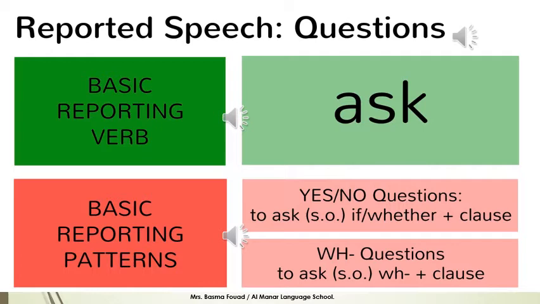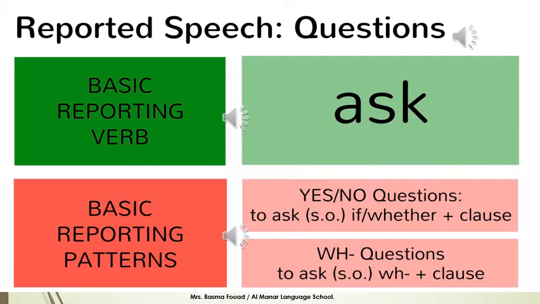We need to know that we have two types of questions: WH questions and yes or no questions. The WH questions start with who, which, where, when, why. The other type is the yes or no question, which starts with an auxiliary verb: do, does, did, have, had, has.